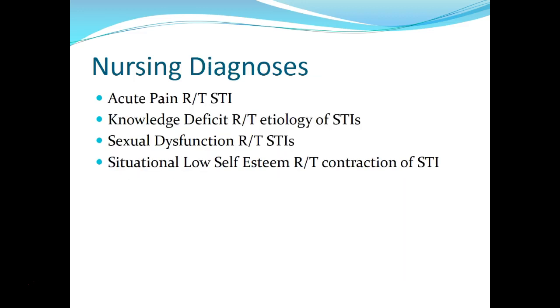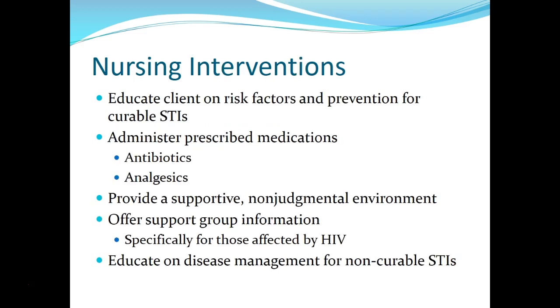Here are some nursing diagnoses to consider whenever you're thinking about sexually transmitted infections: acute pain, knowledge deficit, sexual dysfunction, and situational low self-esteem. Education is key when it comes to sexually transmitted diseases. We want to educate clients on the risk factors and ways they can prevent STDs or STIs.